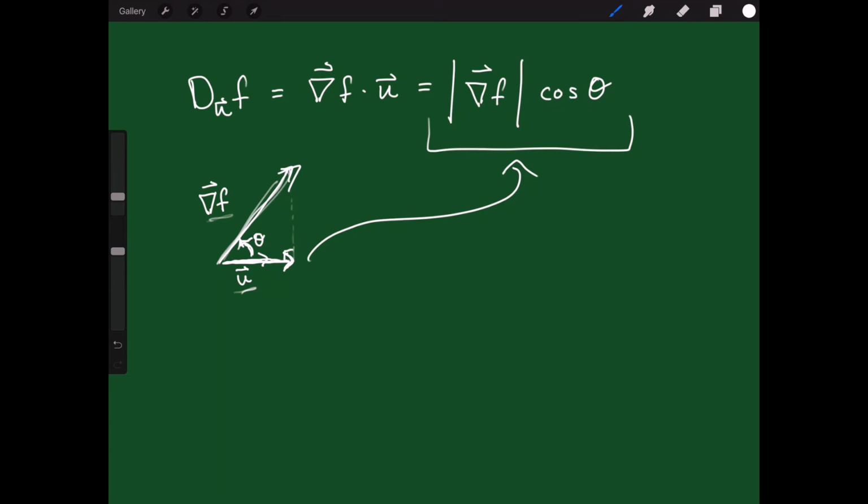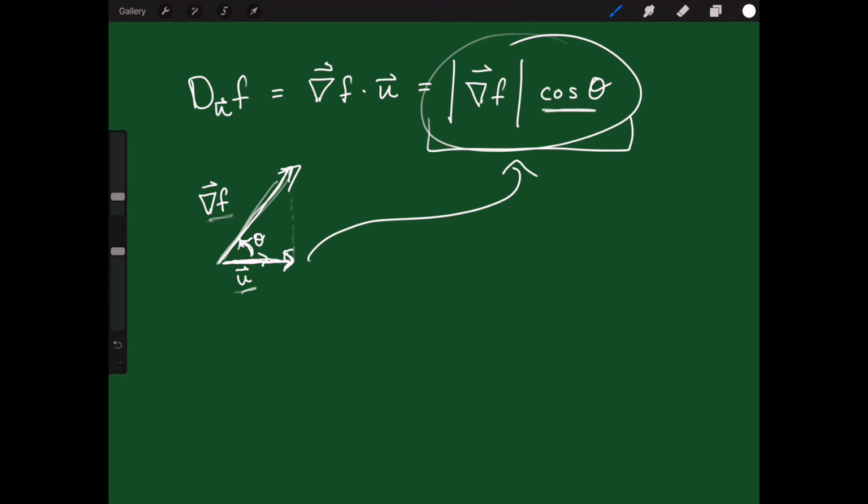Why do I care? Well, what's the biggest then that this directional derivative could ever be? What's the biggest number that could come out of this? Well, it depends on theta, right? Theta is going to control how big or small that number is. But what's the biggest that cosine of theta can ever be?